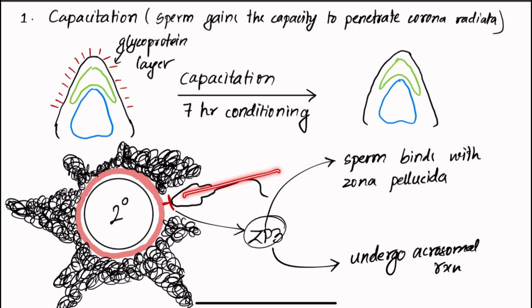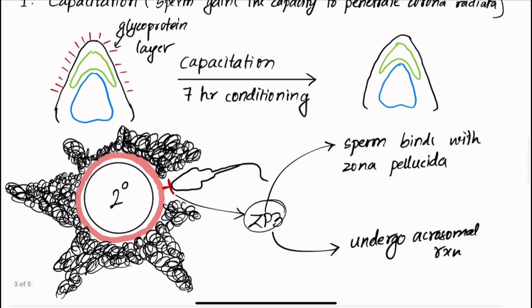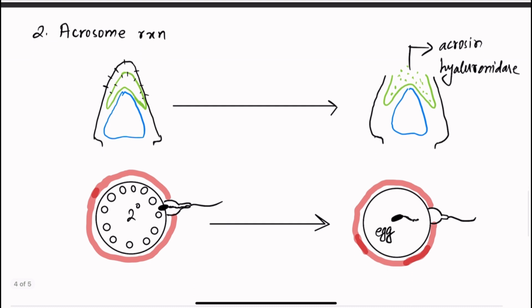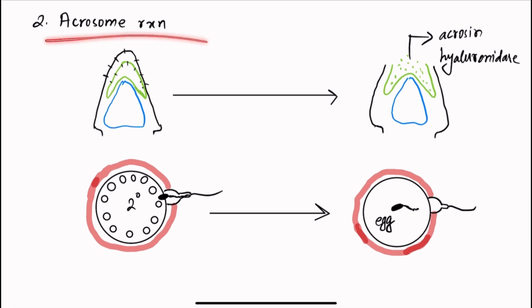After the sperm penetrates through corona radiata, the head of the sperm binds with a surface protein present on the surface of zona pellucida called GP3 protein. GP3 protein is responsible for two things: for the sperm to bind with zona pellucida and for the sperm to undergo acrosomal reaction. As soon as the sperm binds with GP3 protein, it starts acrosomal reaction.